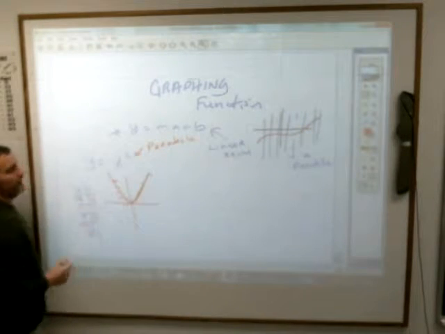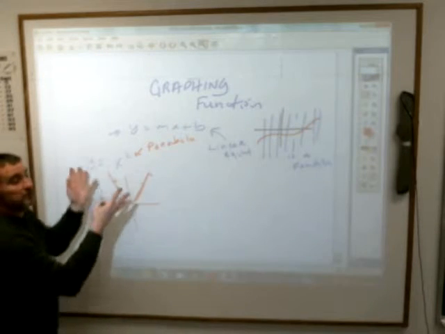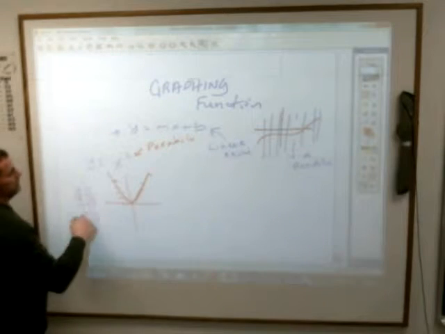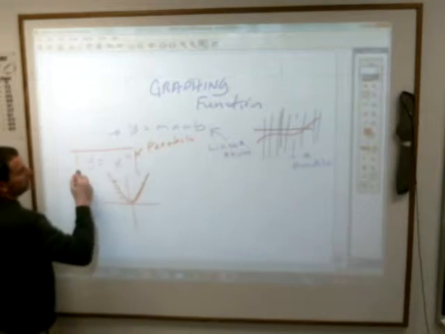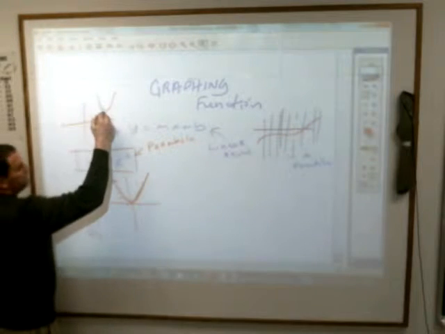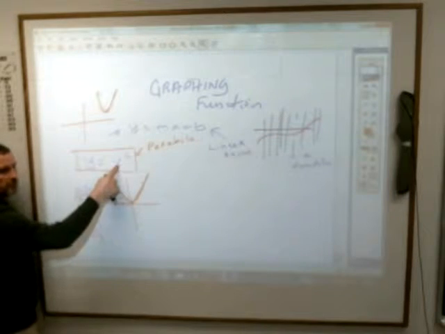Now, that parabola can be upside down or right side up. It can be moved or shifted based on whatever's next to this x squared, but it will always give you a U-shaped thing or an N-shaped thing. So y equals x squared. Anytime you see something that looks like this, even if it was over there, that is an x squared equation.